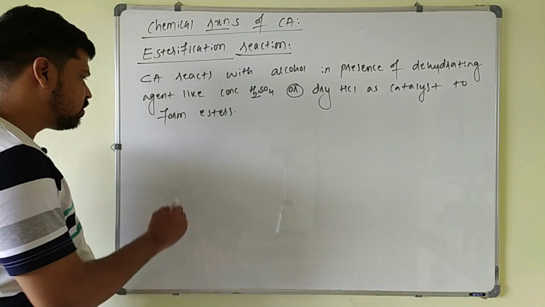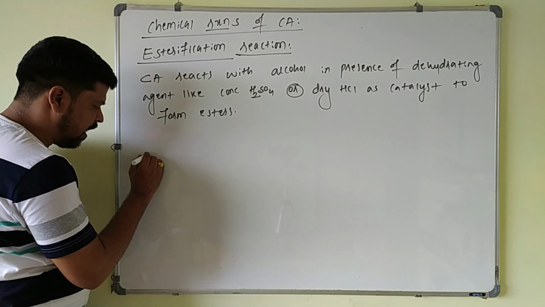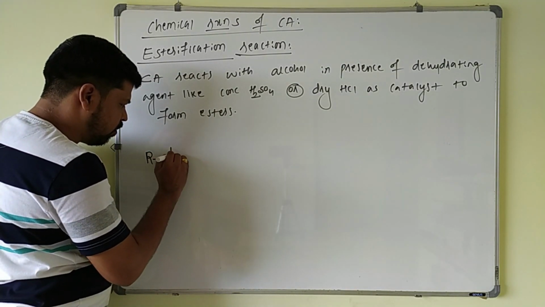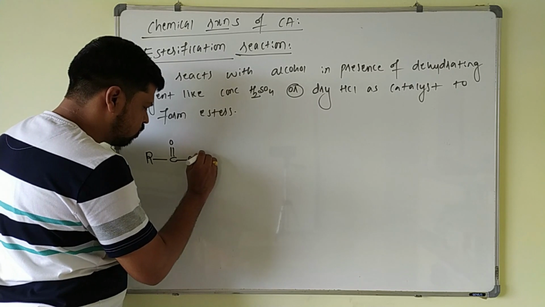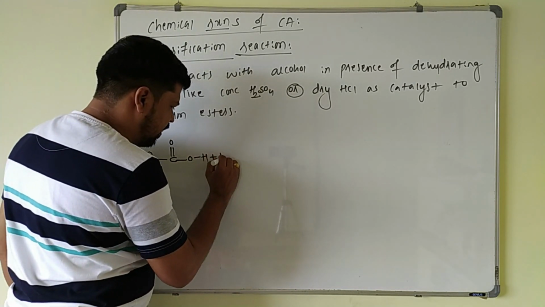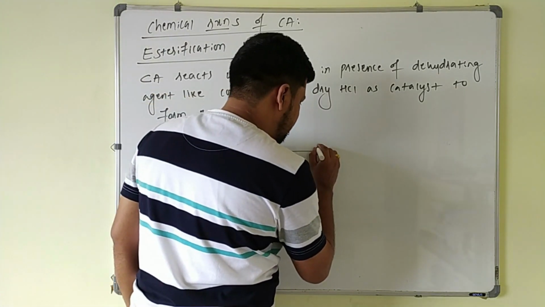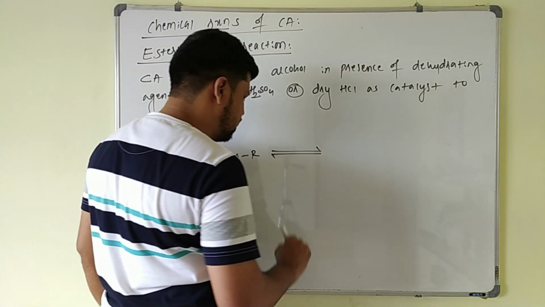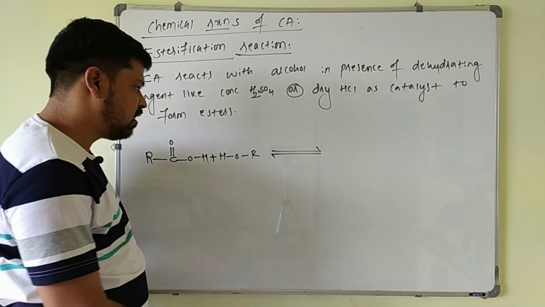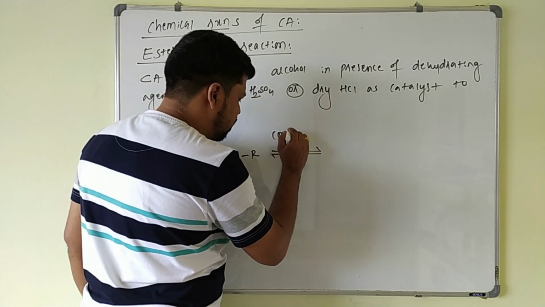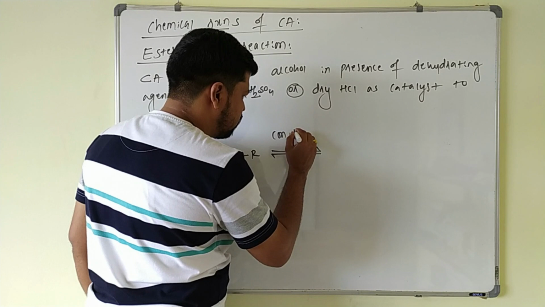Esters here. In general, if I take an acid, RC double bond OH, this on treating with alcohol ROH, and here one thing you keep in mind, this esterification reaction is a reversible reaction, and this takes place in presence of concentrated H2SO4.